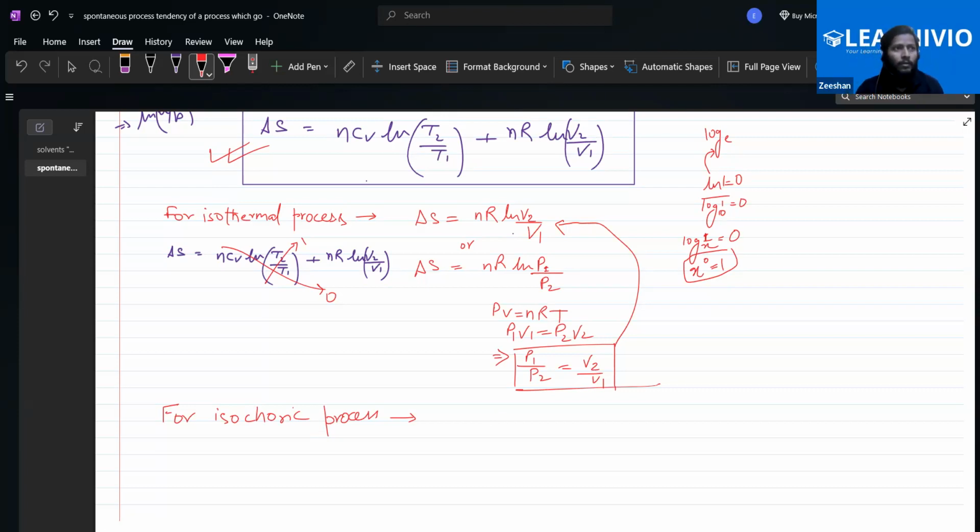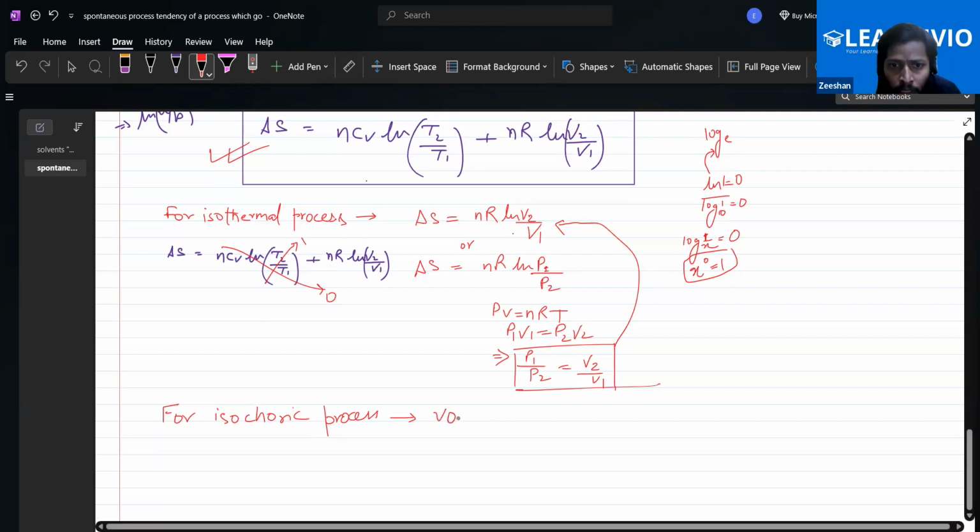Volume. Simple, volume remains same. I will give you a logical trick to remember. Volume same. The other process is isobaric process, right?